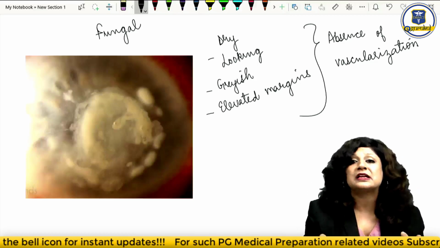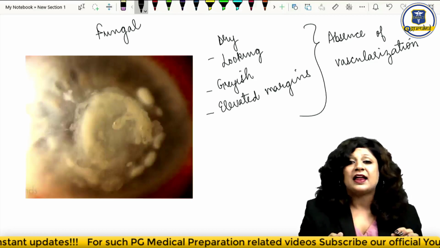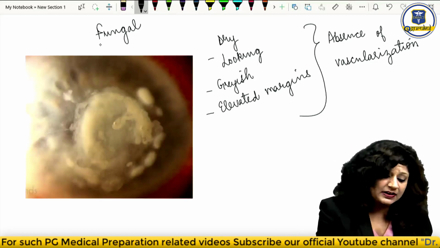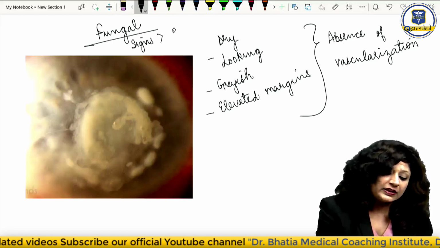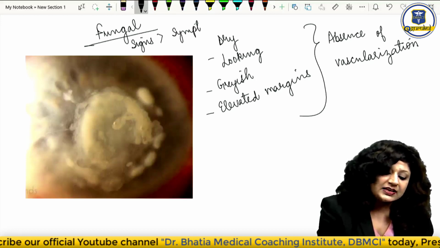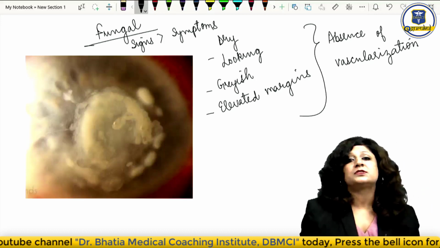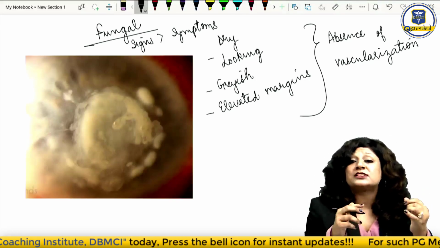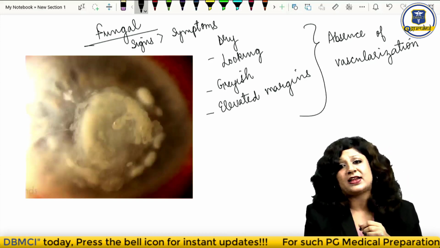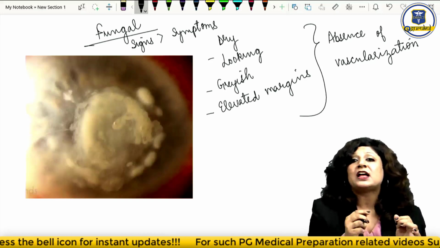Vascularization is conspicuously absent there, and that is why we always say that in fungal corneal ulcer, signs are always more than the symptoms, because for symptoms you require vascularization.